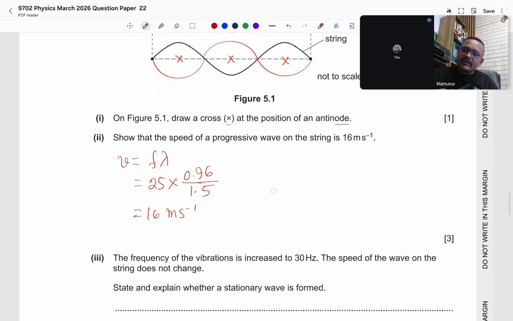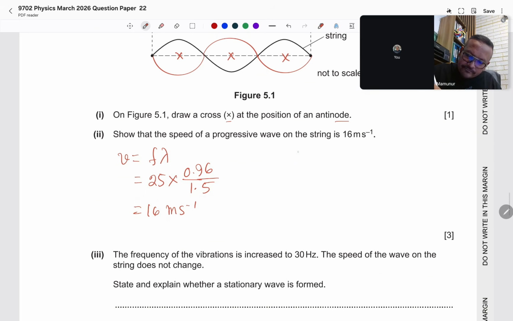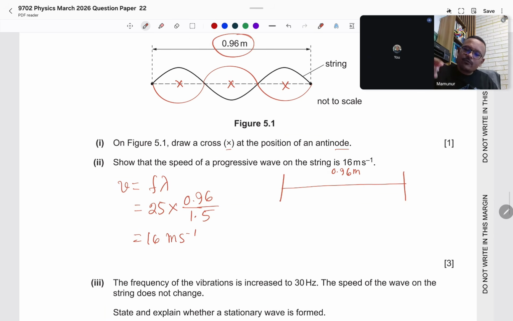You need to understand a concept here. Let me explain this. Suppose this is a stationary wave and this is the length, 0.96 meter. How will a stationary wave form here? It may be that the first stationary wave forms here, like that.